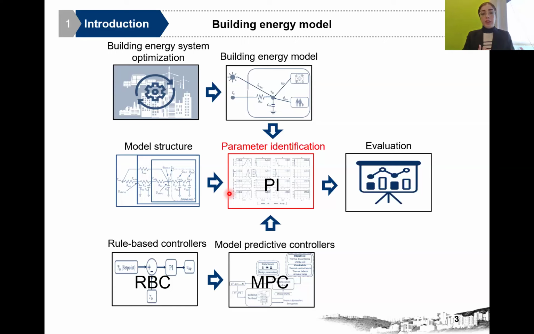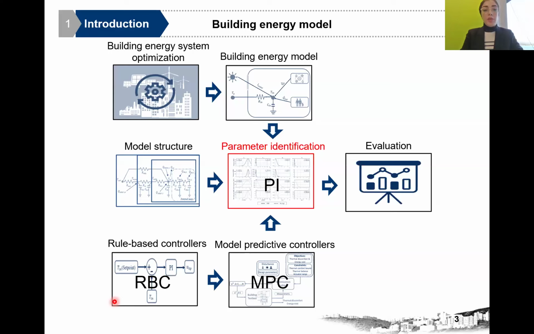When we have reached the parameters, the distribution of the identified parameters, an important step is to evaluate those parameters. There are different metrics for that. For example, prediction accuracy, the resulting energy cost and thermal comfort caused by this, and other metrics that may be important.